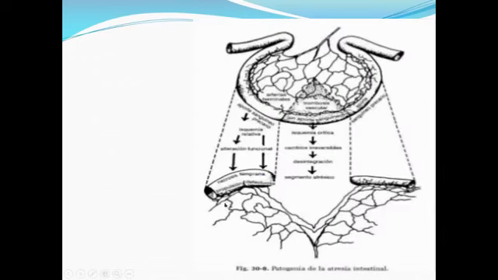This is a picture showing a vascular accident during intrauterine life that creates intestinal atresia.